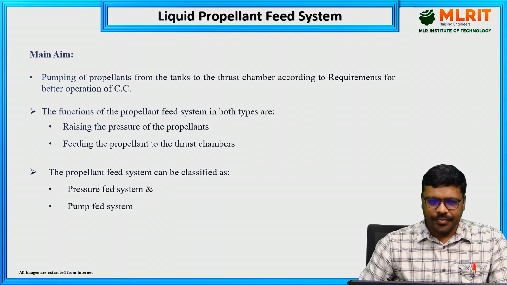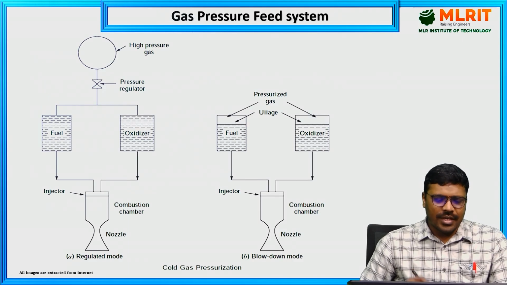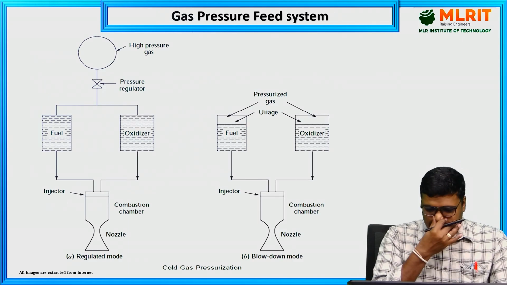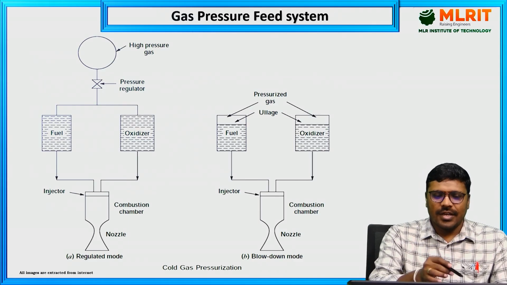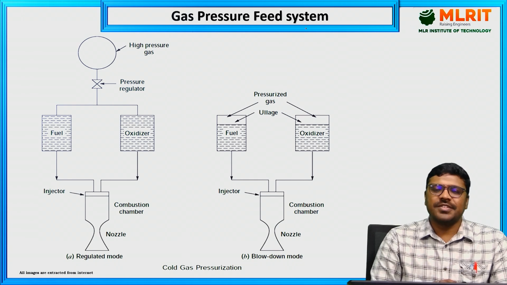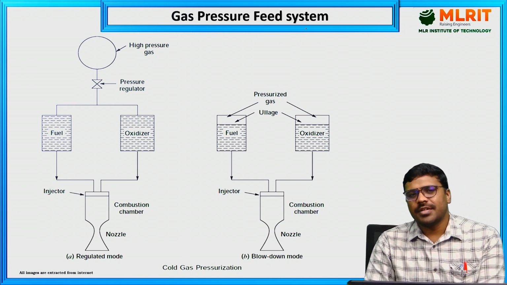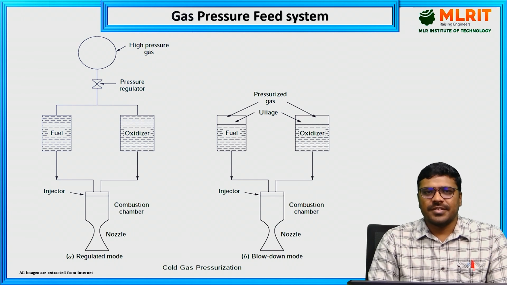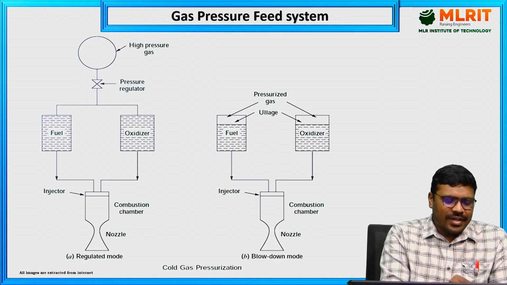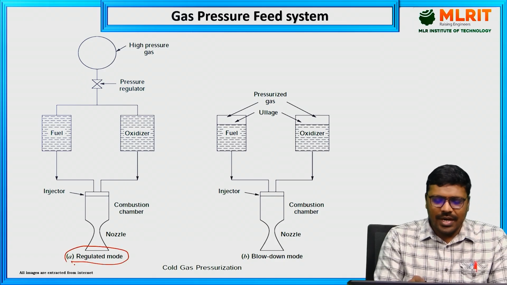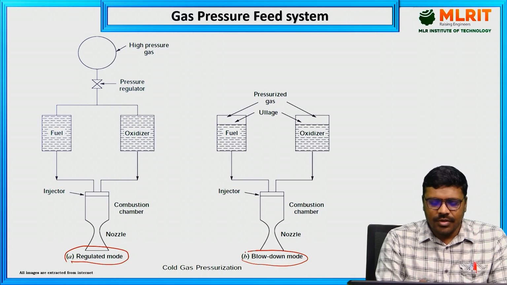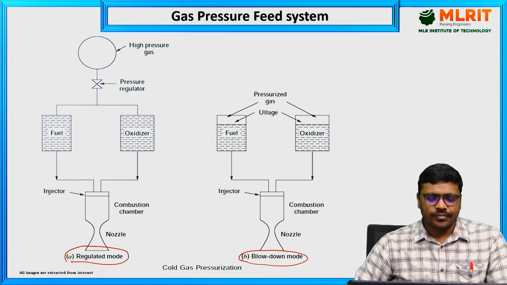Here you can see the diagrams. Coming to the gas pressure feed system, there are two types of gas pressure feed system. One is the regulated mode and the second one is the blow-down mode.